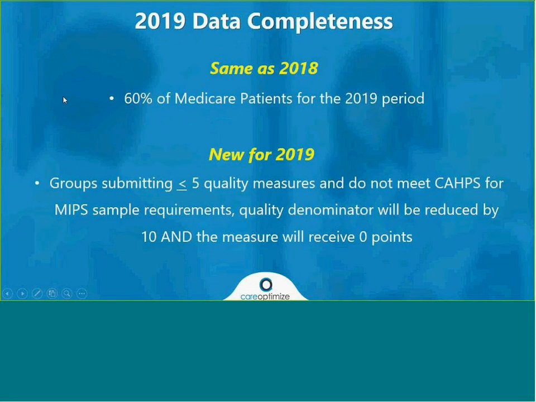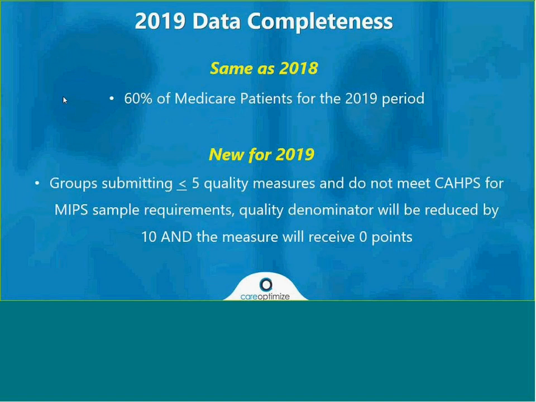Okay, so as we start to jump into these specific categories, it's important that you know that just like this year, next year you will have to have 60% of your patients meet that data completeness minimum.